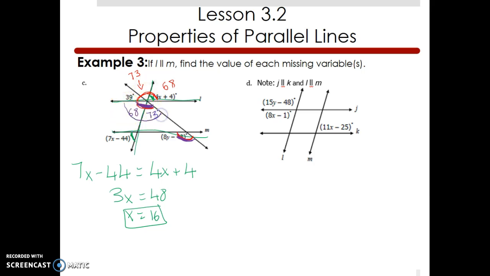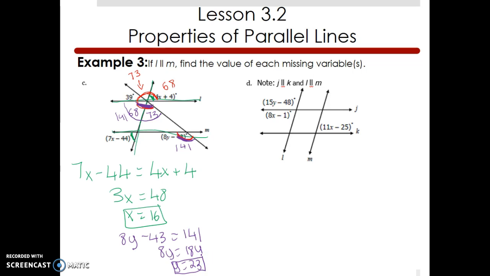So together, this angle is 141. So that means that angle is going to be 141. So now I'm just going to solve it out. So that means 8y minus 43 is going to be 141. That means 8y is going to be 184 and y equals 23.